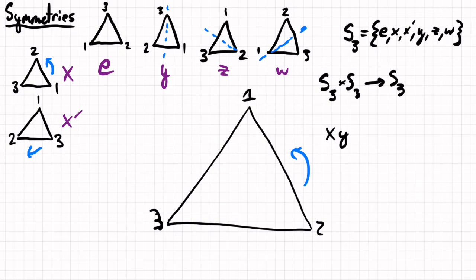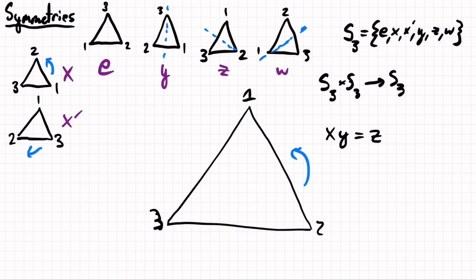Now, what you notice is that this permutation, once I've gotten the vertices here, that is what the new permutation is going to be. And in fact, if you look at it, it turns out to be Z, right? I have vertex 1 on the top, just like Z, vertex 2 over here, and vertex 3 over here on the bottom.